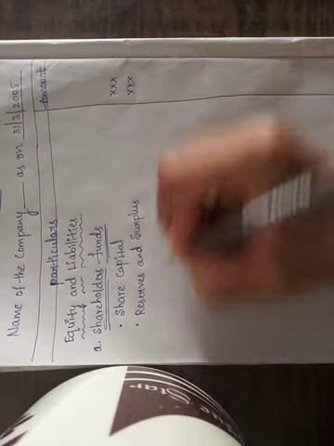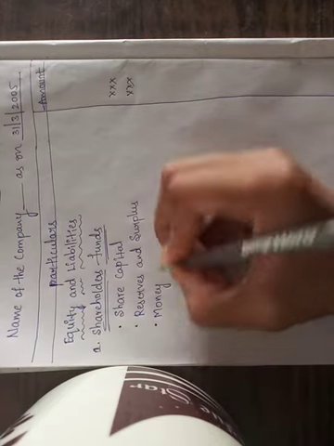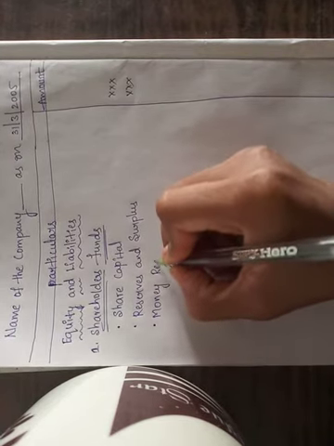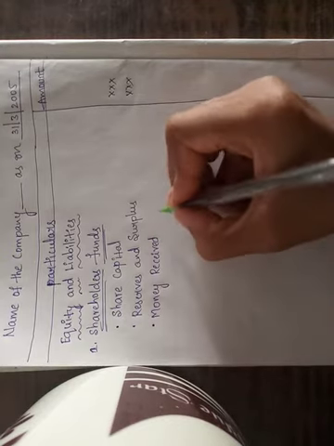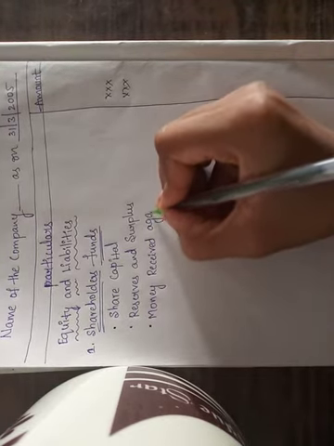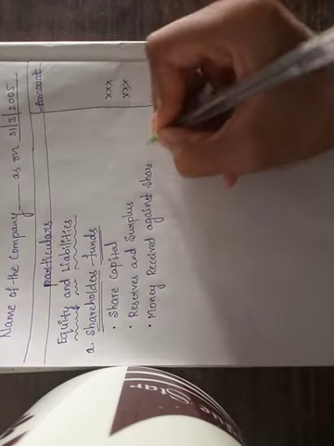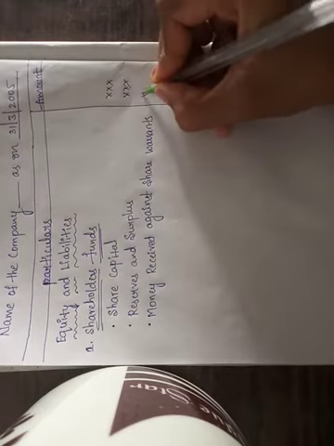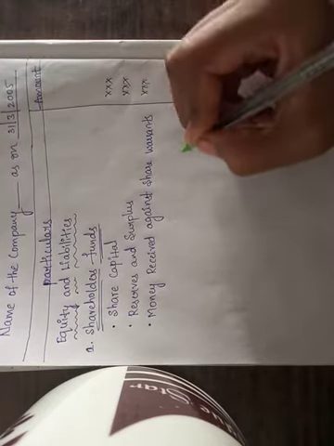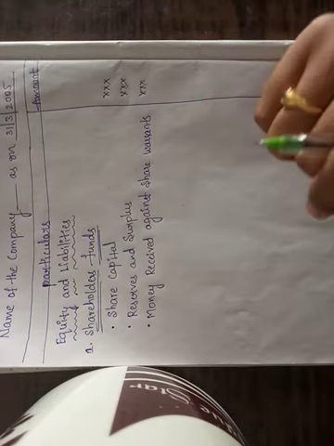Next is money received against share warrants. Share warrants means that any shares or preference shares will be converted into equity shares.